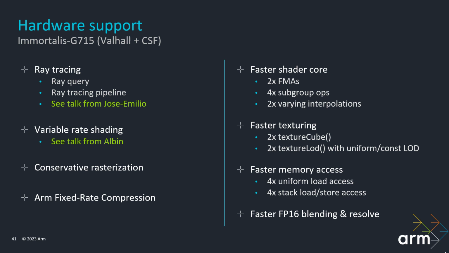And we've also improved a number of common memory access patterns that we see in shaders. So load store access for common uniform loads that haven't been promoted to uniform registers, and stack access should now be much faster. In addition, to complement the FP16 compression in G710, we've also added hardware blending and multi-sample resolve for FP16 formats.